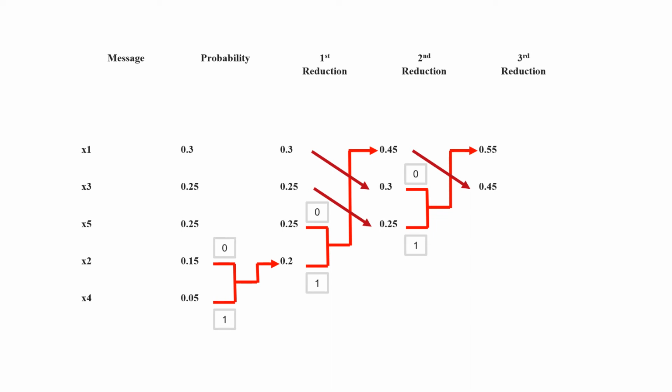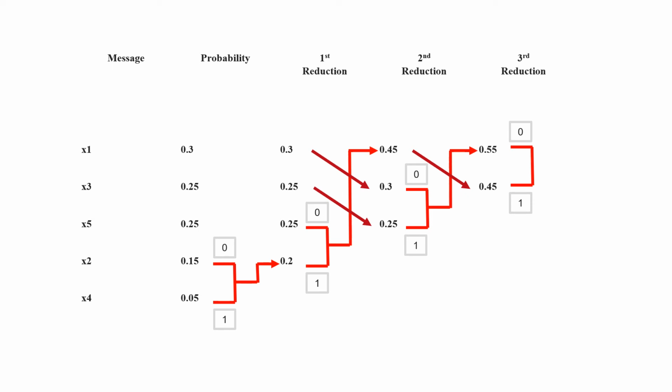When we add 0.3 and 0.25, the resultant probability is 0.55, which has to be kept at the top compared to 0.45. Again 0.55 is assigned the code 0 and 0.45 is assigned the code 1.